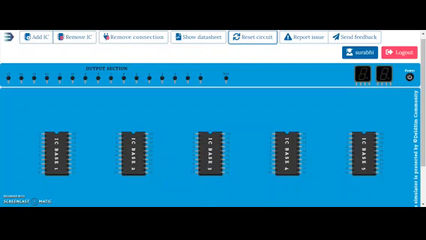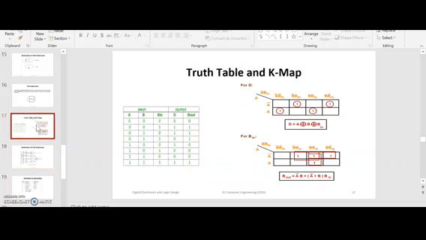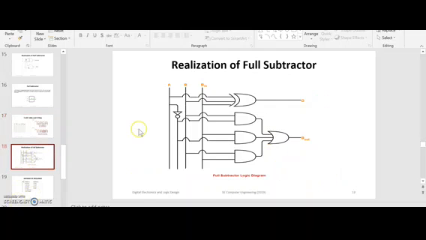For a full subtractor, what do we need? The equations for the full subtractor are: difference is equal to A XOR B XOR B in, and for borrow it was A bar B plus A bar B in plus B B in. So as per the realization, for difference I will need an XOR gate.